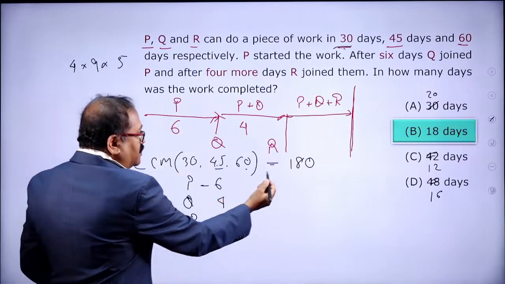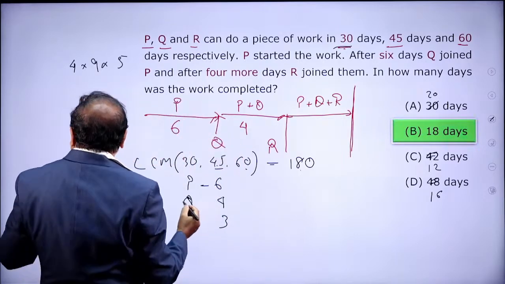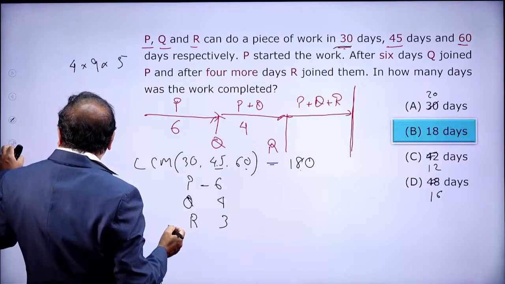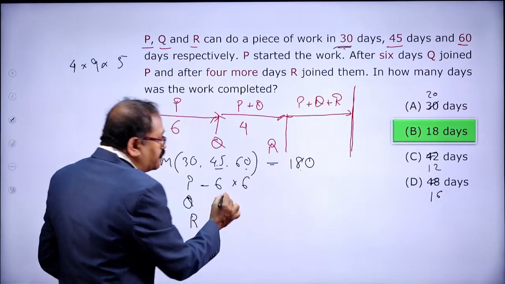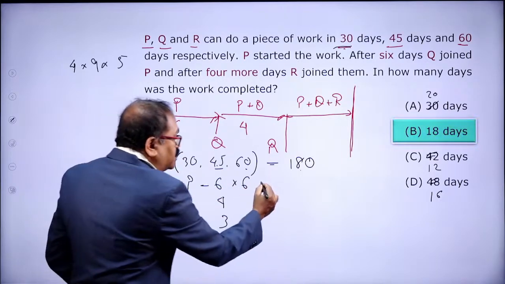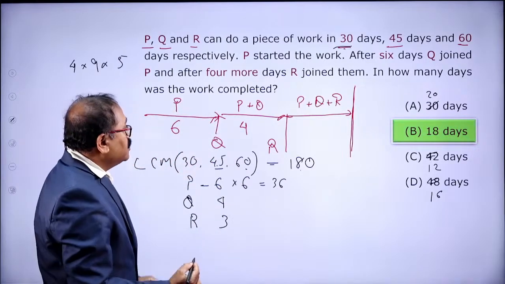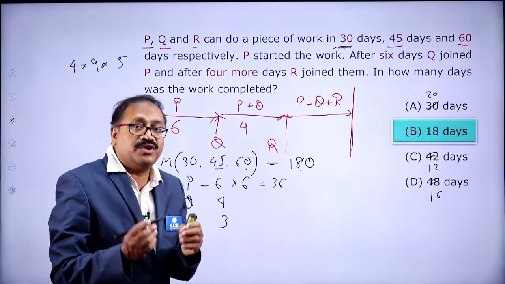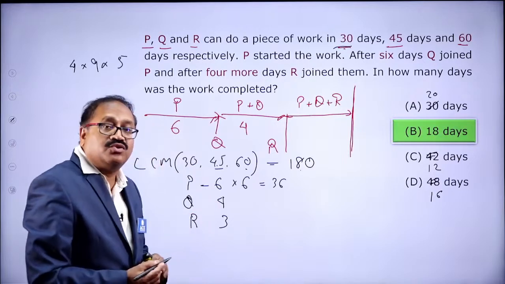Here, P worked for 6 days. If P is working for 6 days, how many units will he complete in 6 days? 6 into 6, because per day P completes 6 units. So 36 units P has completed here. Coming to the next one, P and Q together work for 4 days. When P and Q work together, they do 10 units per day.